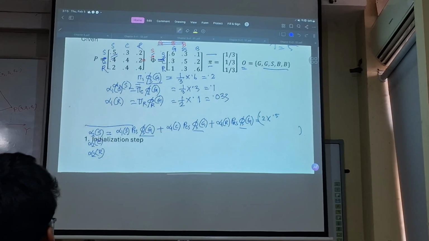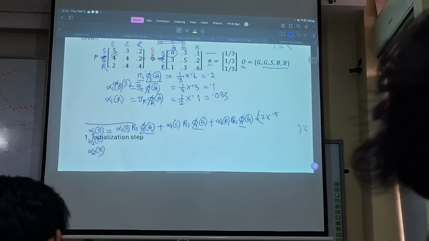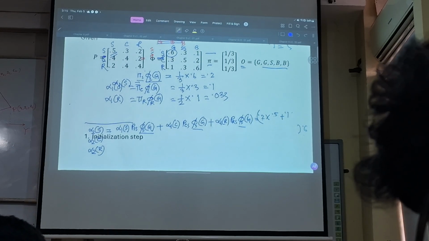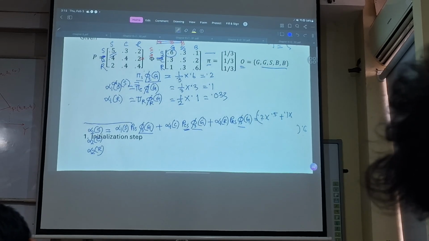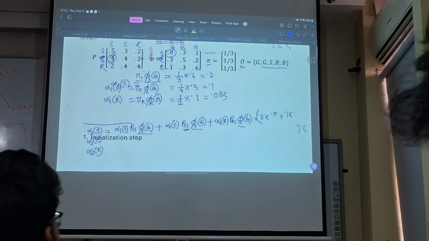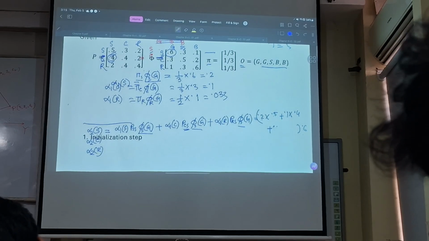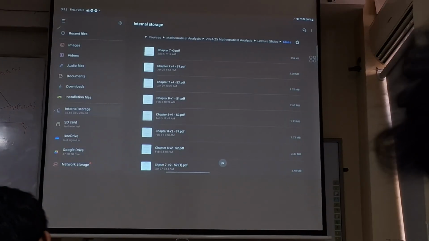Phi s g is 0.6. Then 0.2 multiplied by 0.5, plus 0.1 multiplied by what? A probability from C to S. What is that? Plus 0.033 into a transition from R to S.